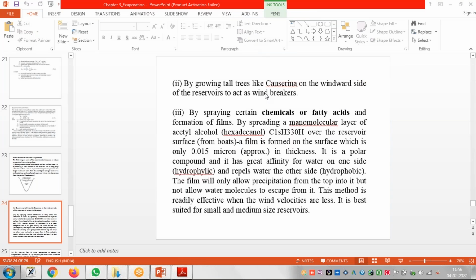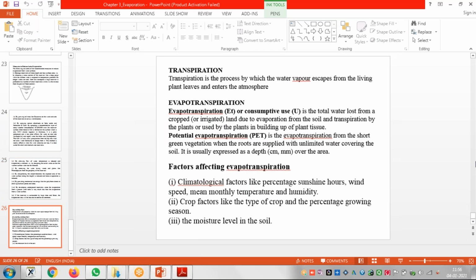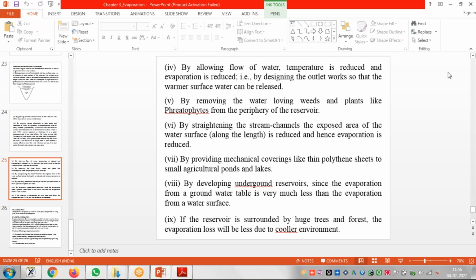Next is spraying some chemicals. I have already told you the names of the chemicals. Then, reducing the temperature by allowing the flow of water. Suppose this river is there and water is continuously flowing.